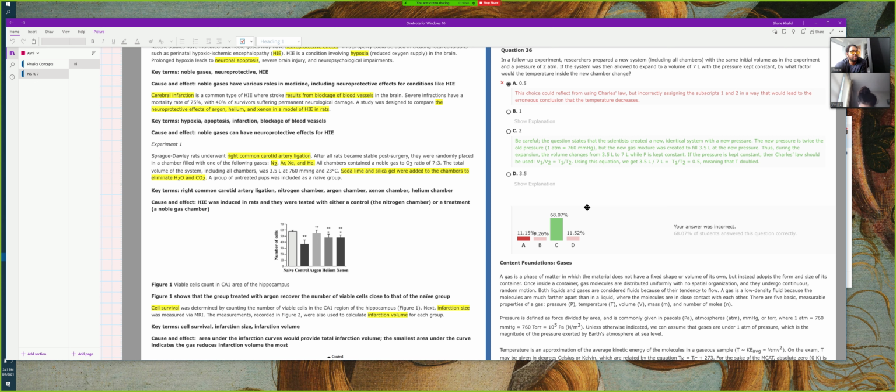Pressure 2, I think. Okay, volume doubles, right? 3.5 to 7. And the pressure also doubles, because 760 millimeters of mercury is 1 atm, and the pressure doubles as well.